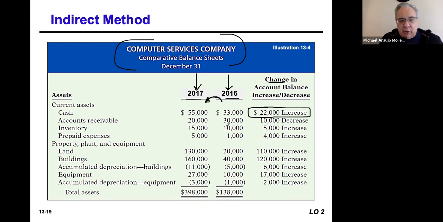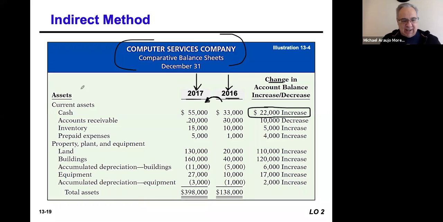When you look at an increase or decrease, again, you're going from 2016 to 2017. Notice that accounts receivable went from 30 to 20, so it actually decreased by 10,000. However, inventory went from 10 to 15, so that increased by 5,000. So you're going to be doing this all the way down through all the accounts.